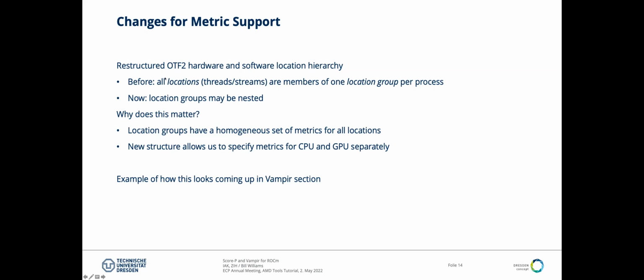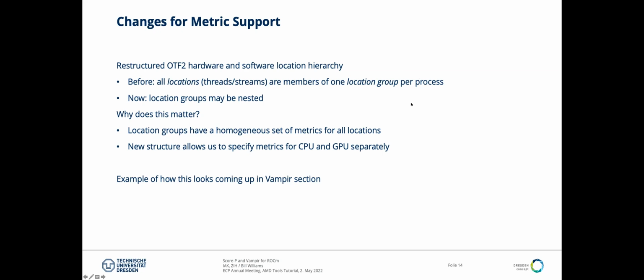And before we started working on ROCm support, we had the model that all locations, which is to say either threads or streams, are members of a single location group per process.